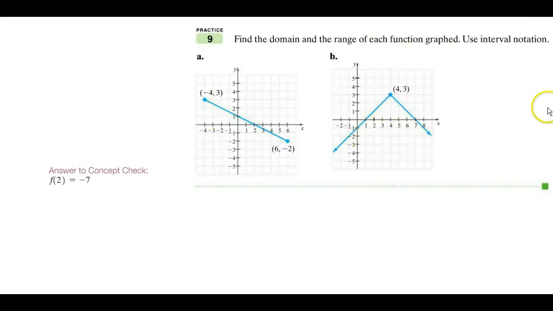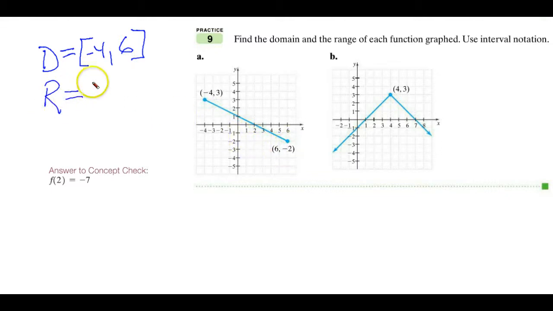So we know the procedure. It's going to be domain is from our -4 up to our 6. And range is from -2 up to 3.